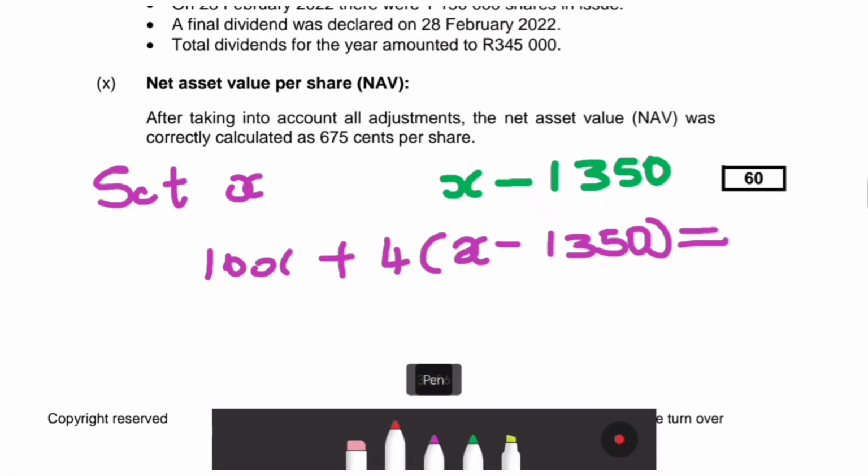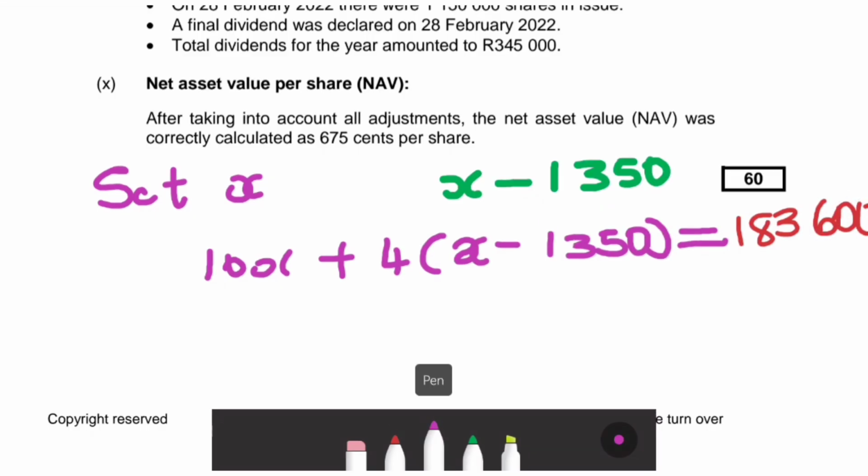So this must sum up to 183,600. Now we've set up an equation that can help us find the original rental income per month.